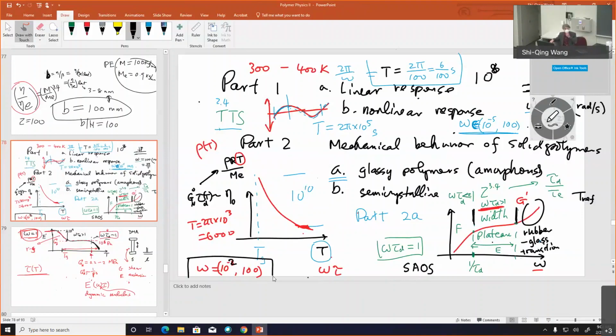That's a G prime over omega curve. You do this. You load your machine onto the parallel plate, and for many reasons, I will advise my student to do the following.